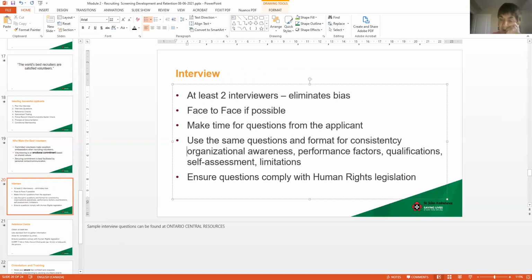Performance factors, qualifications. I'm not sure, but they know what they're talking about there. I think consistency is spelled wrong. Take time for questions. Use the same questions. Questions must comply.